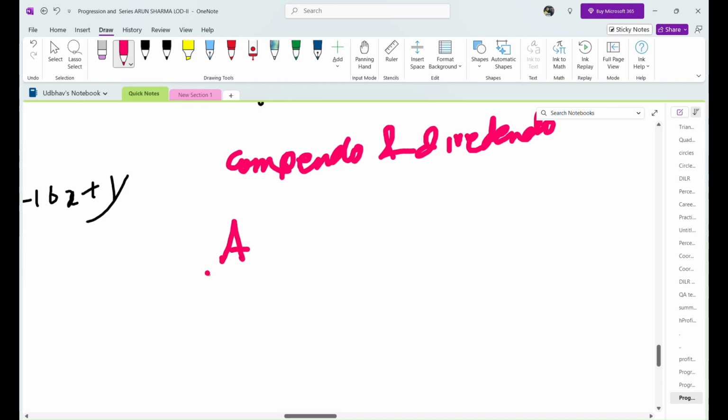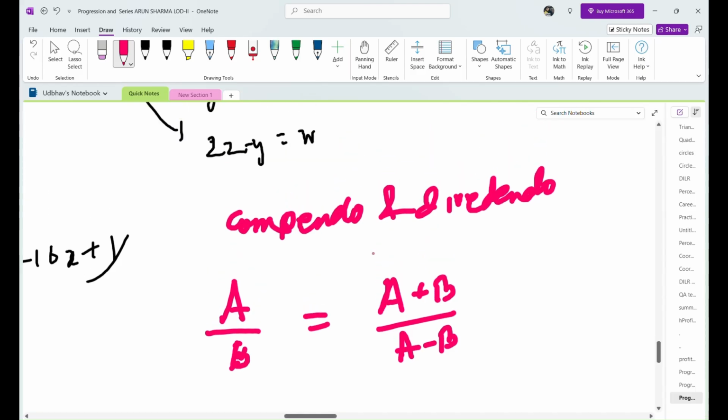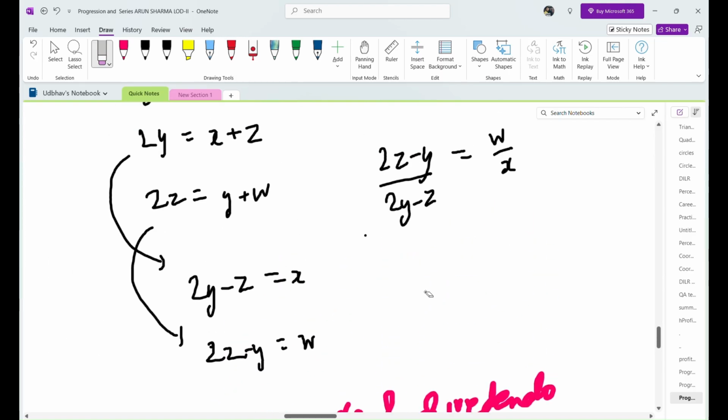If we have two fractions a upon b, we can write them as a plus b upon a minus b, and they will remain same, they won't change. So I'm just using this property here.